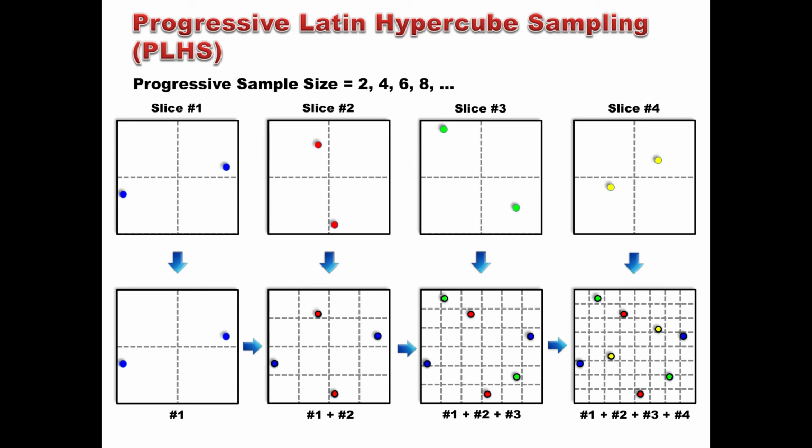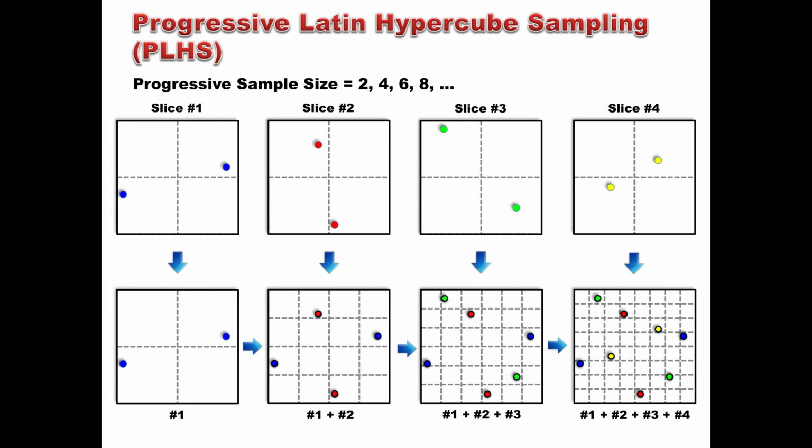Basically, you go by slices. So this is my progressive sample size, 2, 4, 6, 8, and so on. This algorithm generates slice 1, which is obviously a Latin Hypercube. And then it generates slice 2, and now the union of slice 1 and slice 2 is a Latin Hypercube.